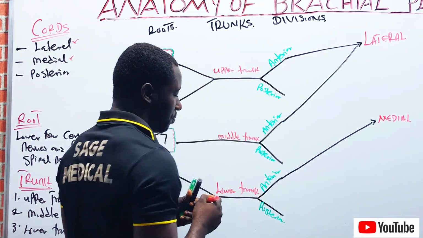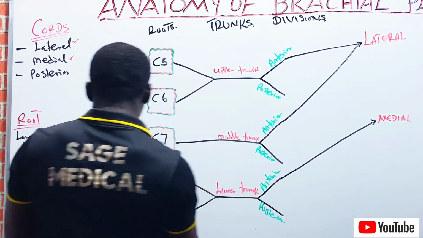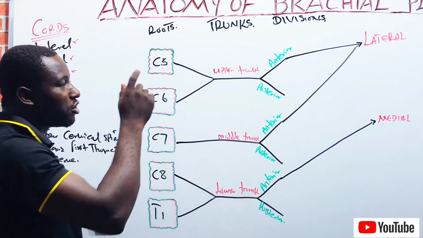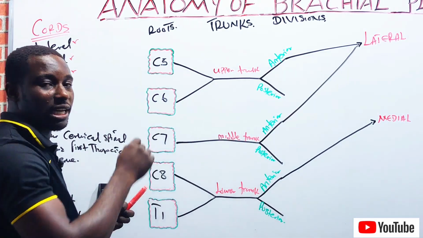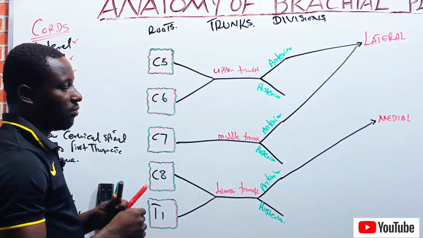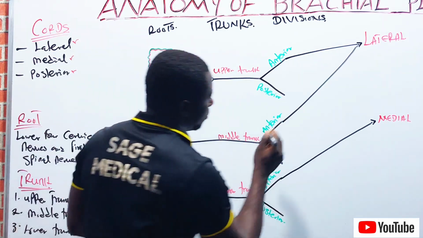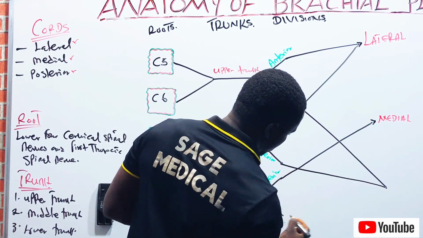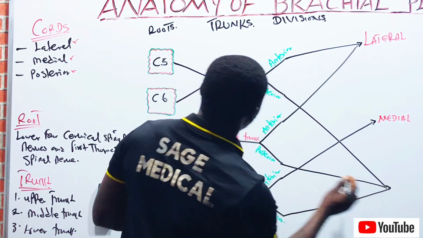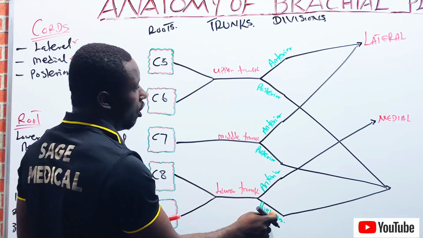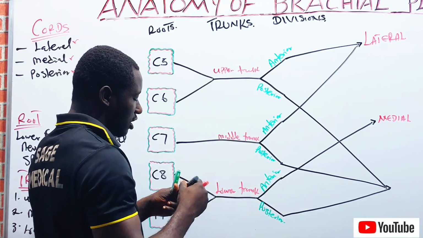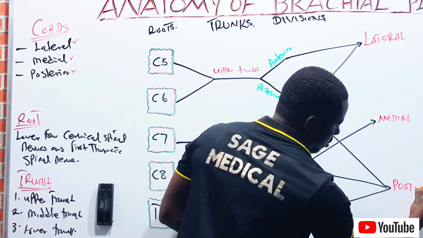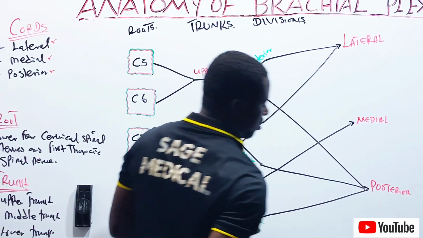Now, on the posterior chord, the posterior divisions of all the three trunks form the posterior chord.